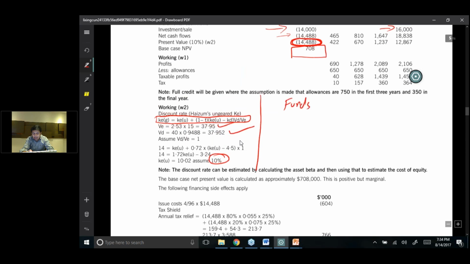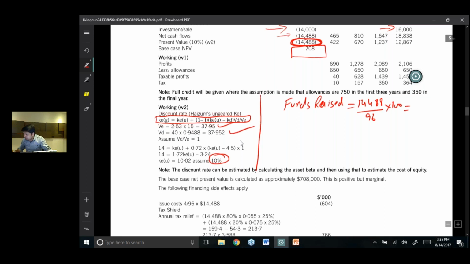So funds raised are 14,488 over 96% into 100%.